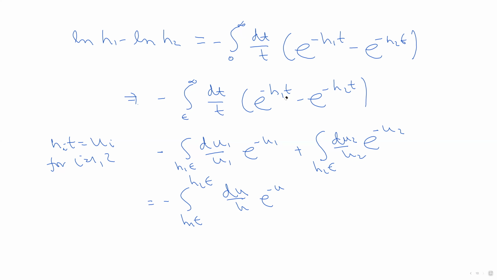Now if you take the epsilon goes to 0 limit, then u is restricted to a very small range, so e to the minus u can be set equal to 1 as epsilon goes to 0.